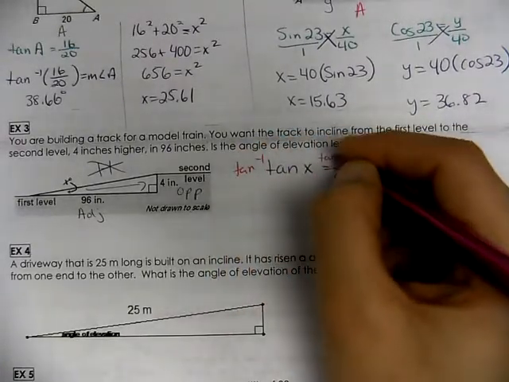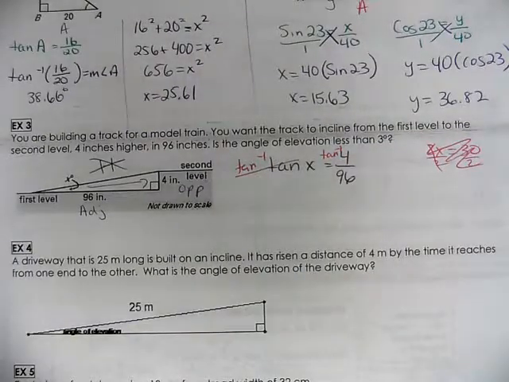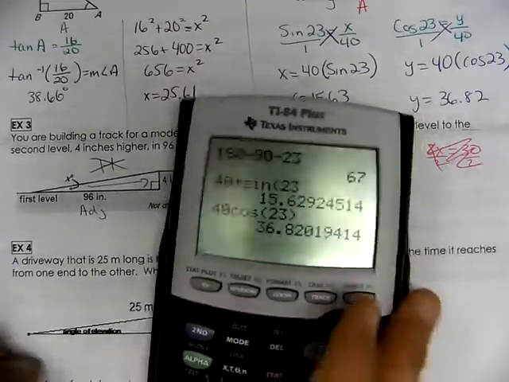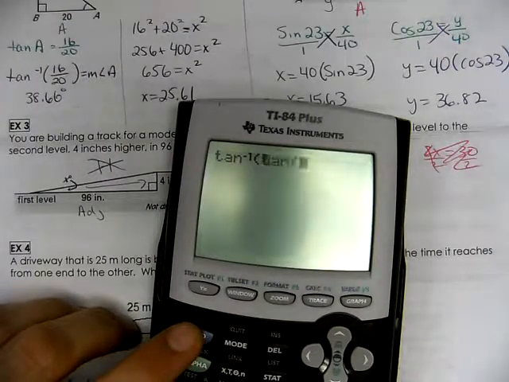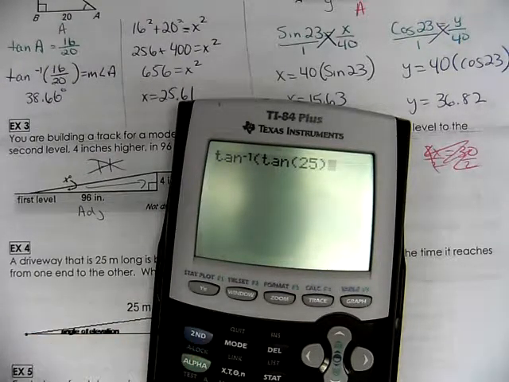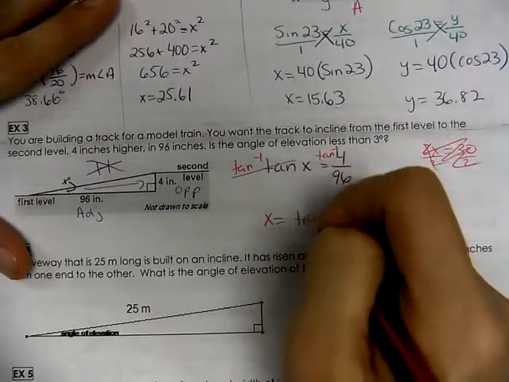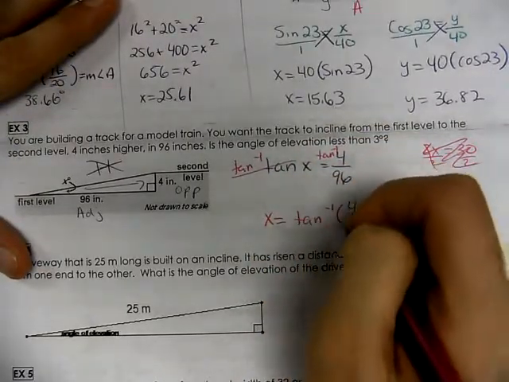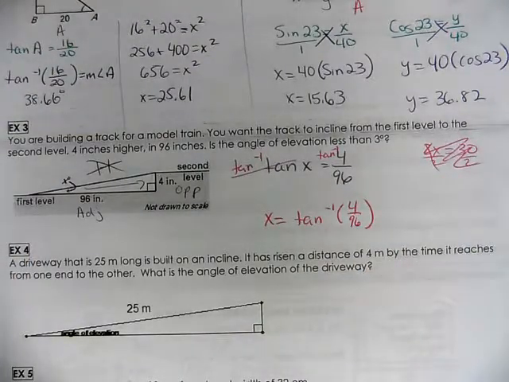If you inverse tan both sides, those kind of cancel out. The inverse tan of a tan is just a number. So that's kind of how it works. So my x is inverse tan of 4 divided by 96. So that's what I plug in the calculator.